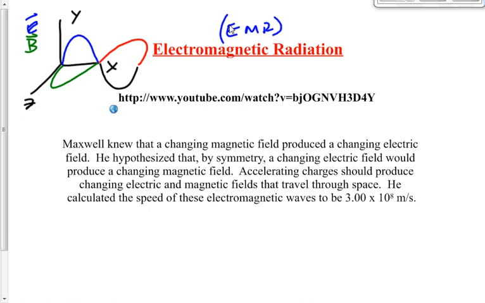A changing magnetic field, which is my red one there, can produce a changing electric field, and a changing electric field can produce a changing magnetic field, and so on and so on. So in the end, what you end up with is a wave that moves from the place that it was produced to some other place.